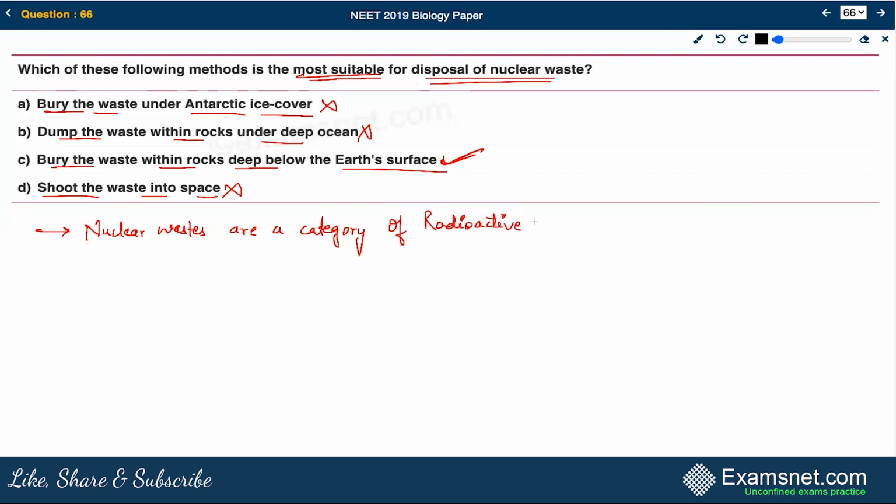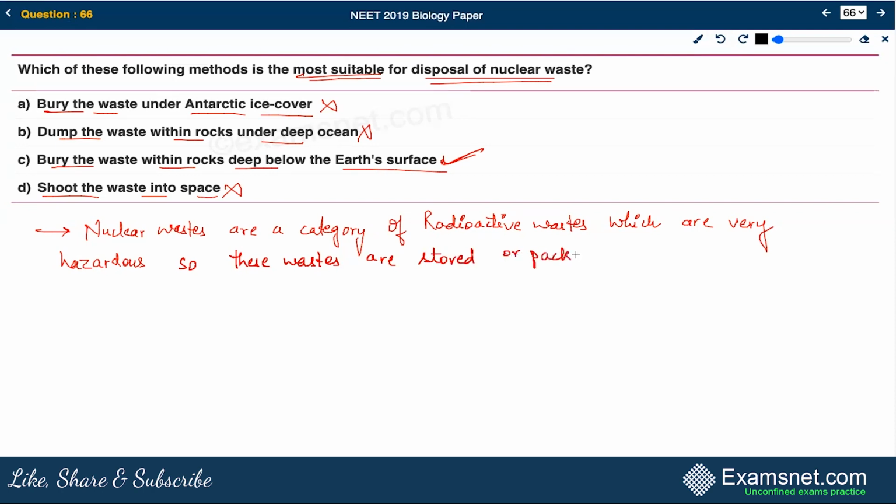Since these are a category of radioactive waste which are very hazardous, these wastes are actually stored or packed in suitable shielded containers.